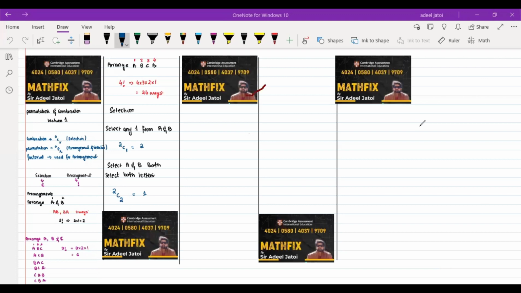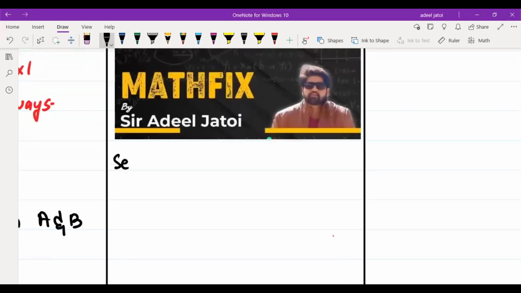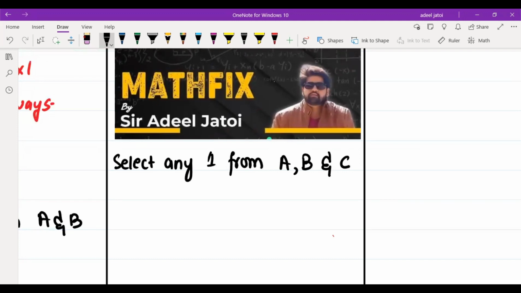Let's just work upon another example. Select any one from A, B, and C. Since I have three letters, obviously I need to select one.